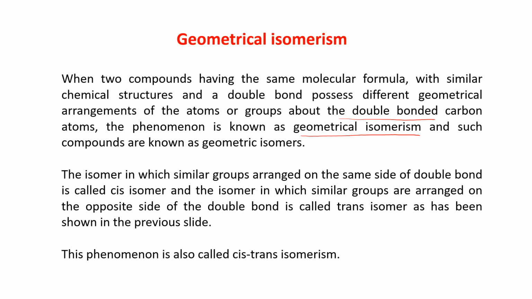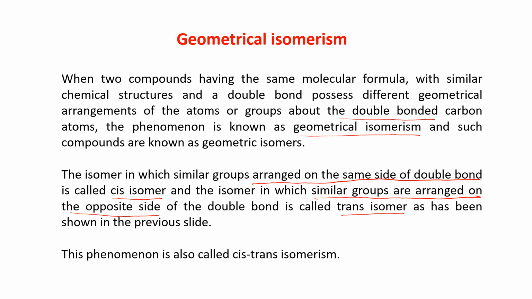The isomer in which similar groups are arranged on the same side of the double bond is called cis isomer, and the isomer in which the similar groups are arranged on the opposite side of the double bond is called trans isomer.